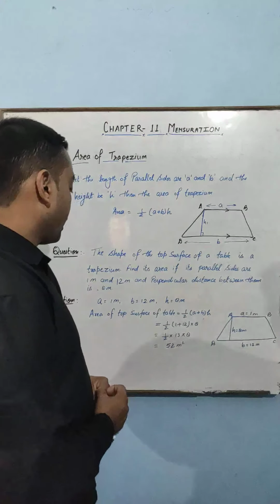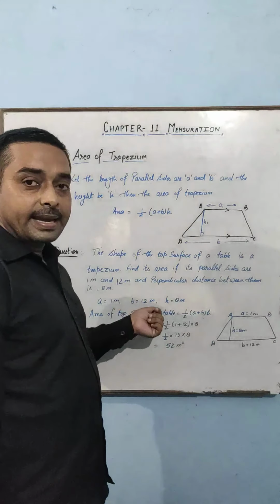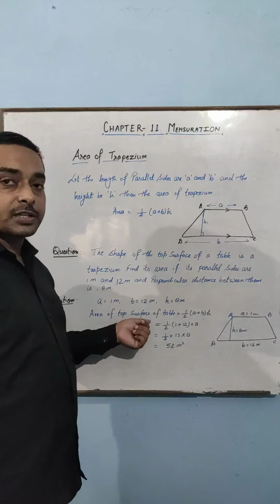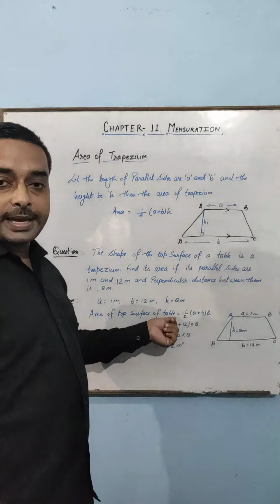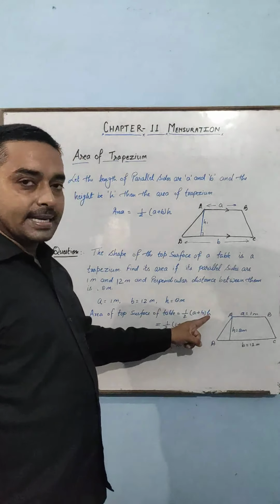Let's see. A equals 1 meter, B equals 12 meter, and h equals 8 meter. So the area of the top surface of the table equals, we know, 1 by 2 the sum of the parallel sides into height.